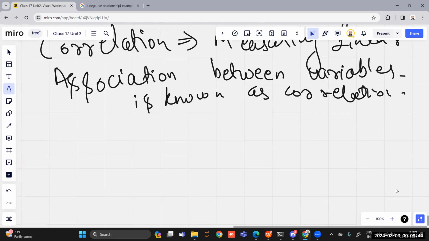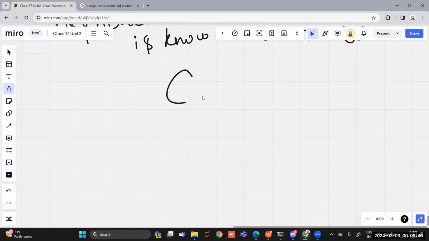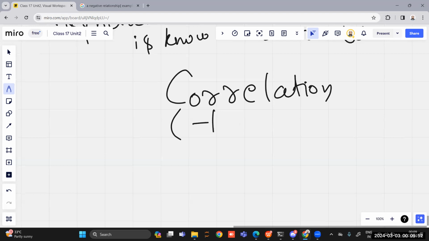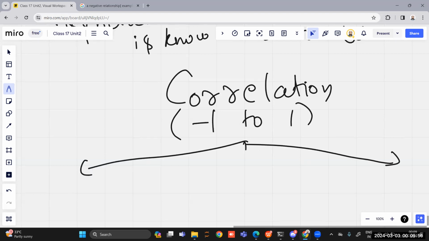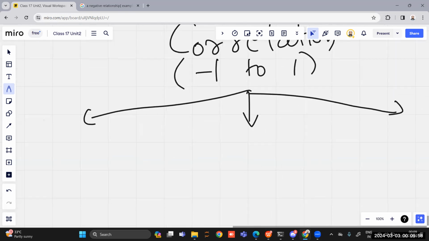When we write correlation, a scale comes. The scale is between -1 to +1. So we have seen three types of correlation: positive correlation, no correlation, and negative correlation.